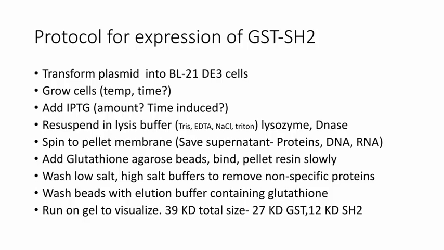So different amounts can express proteins differently. How long after you add the IPTG do you let it sit there before you spin down your cells and freeze them, ready to break them open to extract the protein? So all of these things can change with different proteins that are being expressed.